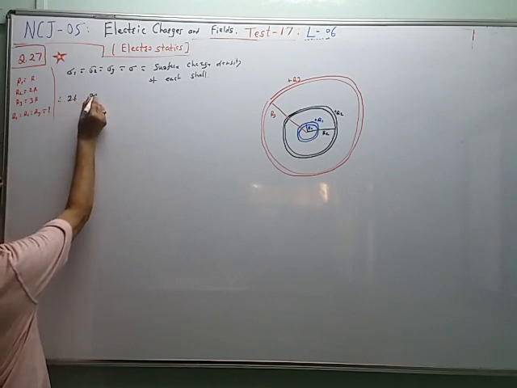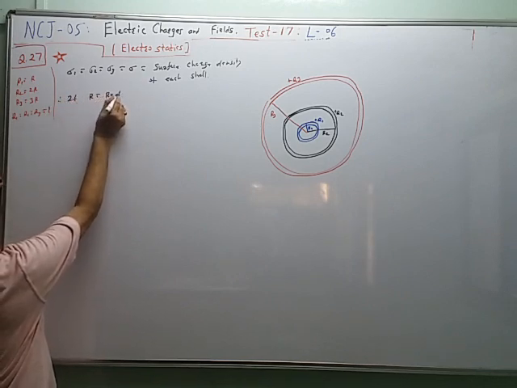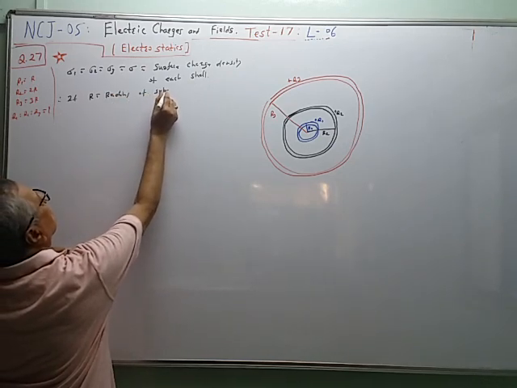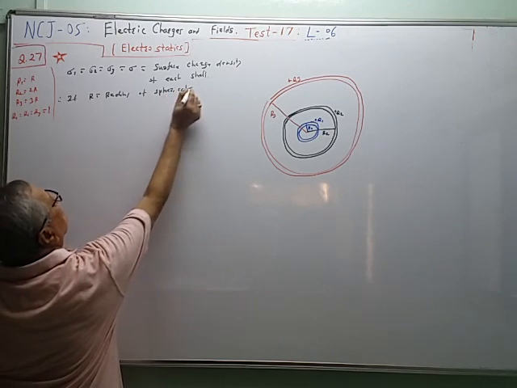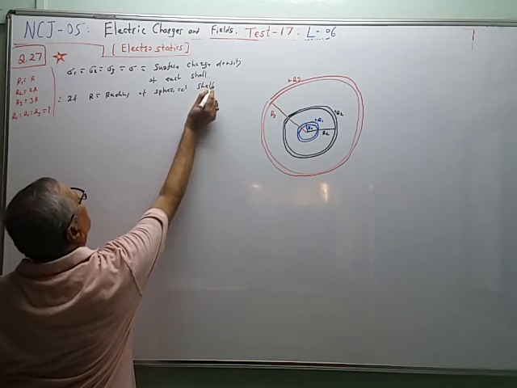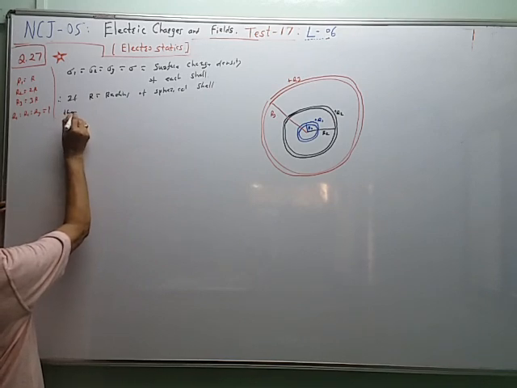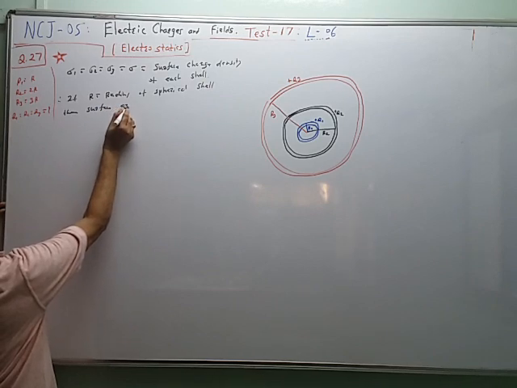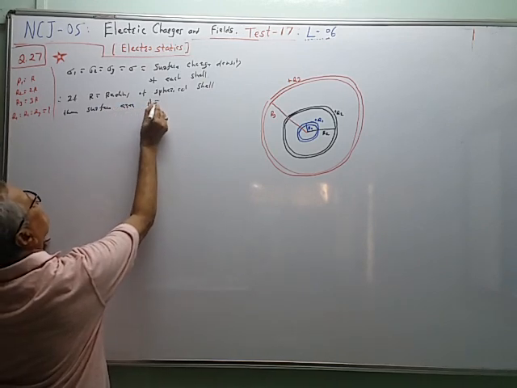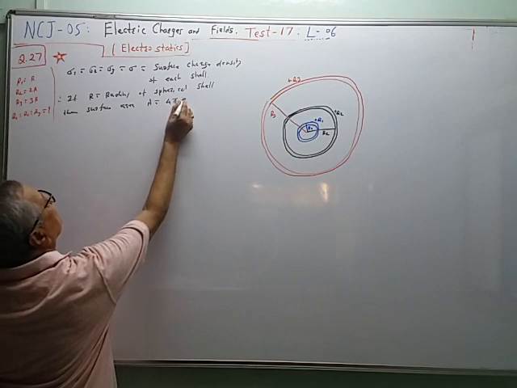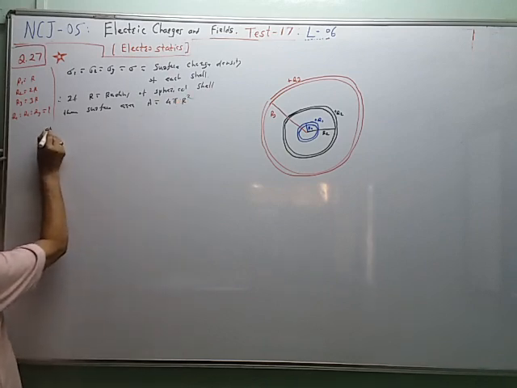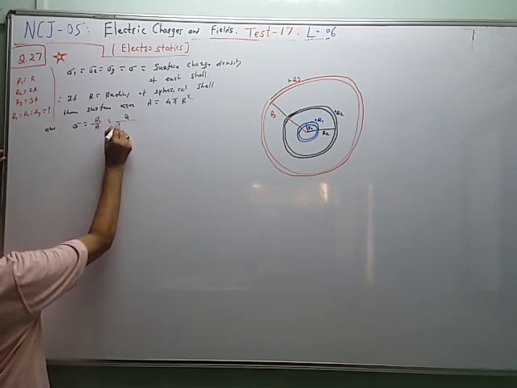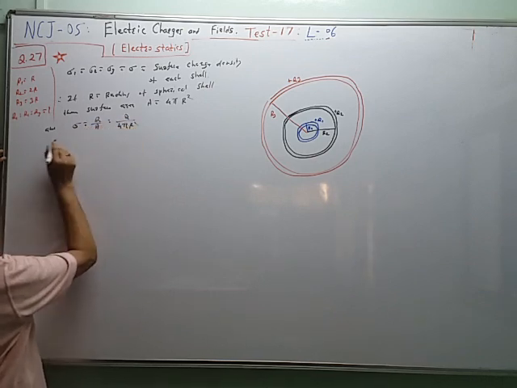If R is the radius of a spherical shell, then the surface area A is equal to 4 pi R square, and sigma is equal to Q by A, which is Q upon 4 pi R square.